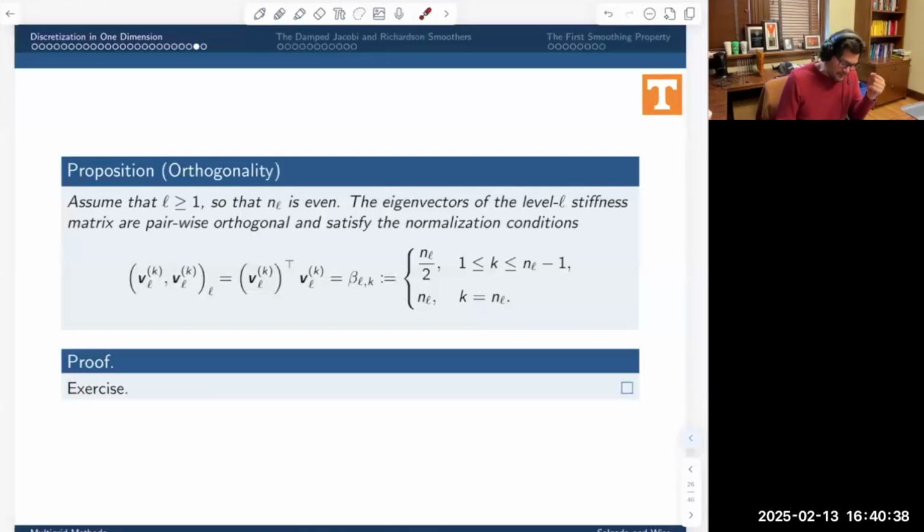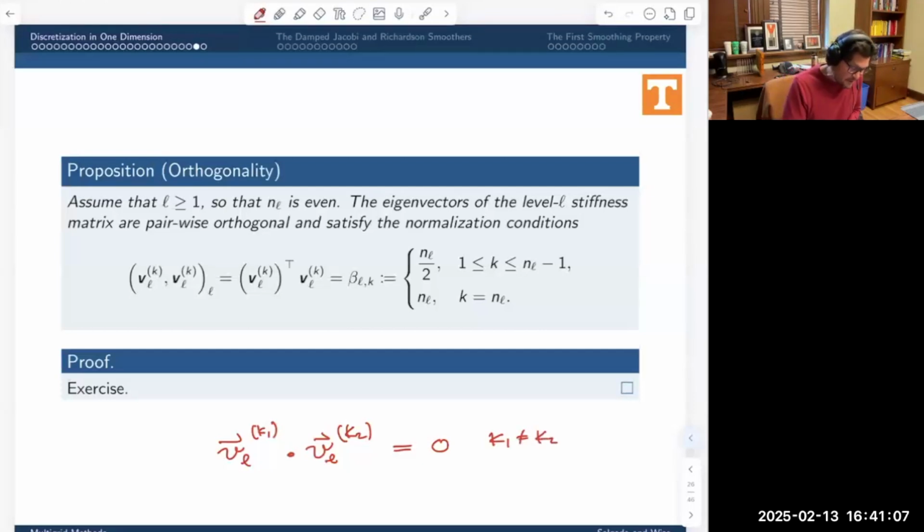They're orthogonal to each other, meaning that if I take vectors V_{L,k1} and dot it with V_{L,k2}, where k1 and k2 are not equal to each other, then this dot product is going to be 0 for k1 not equal to k2.